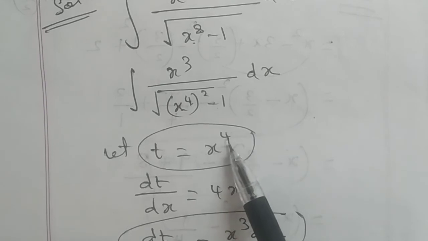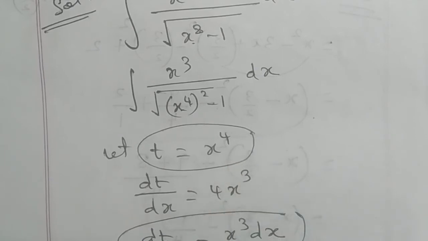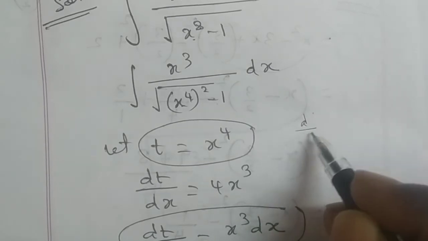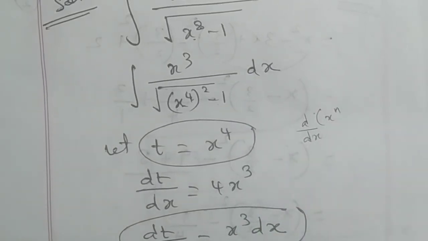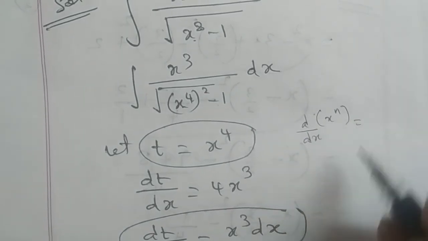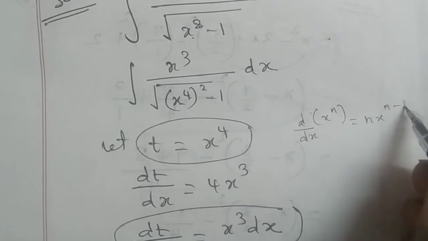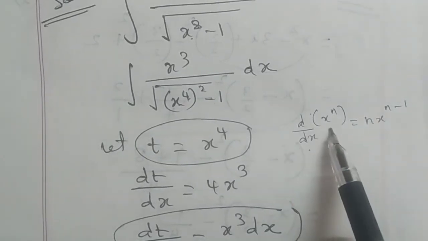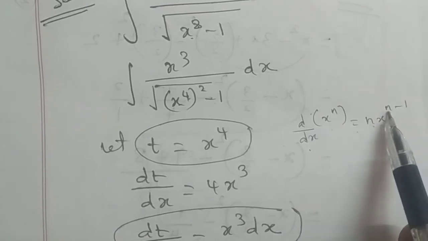What is the derivative formula? d by dx of x to the power n equal to n into x to the power n minus 1.